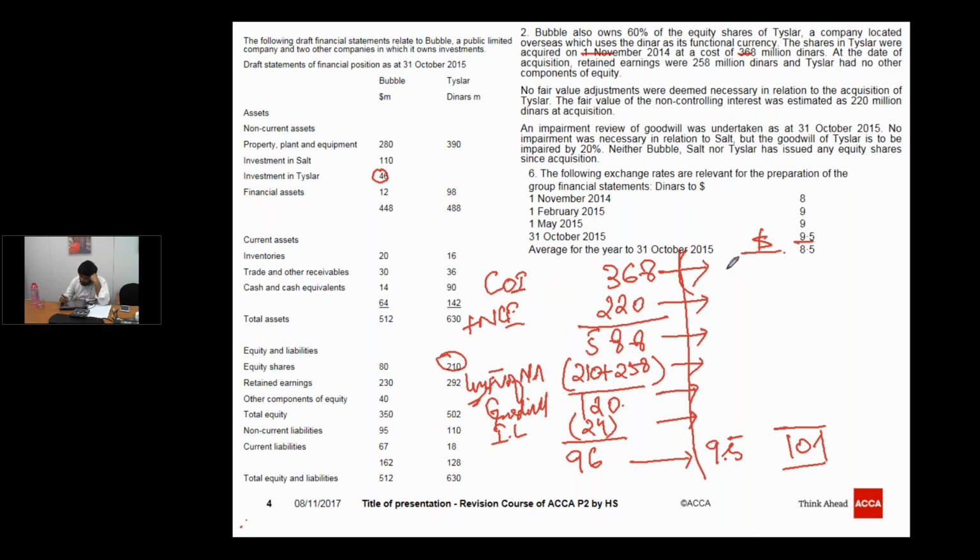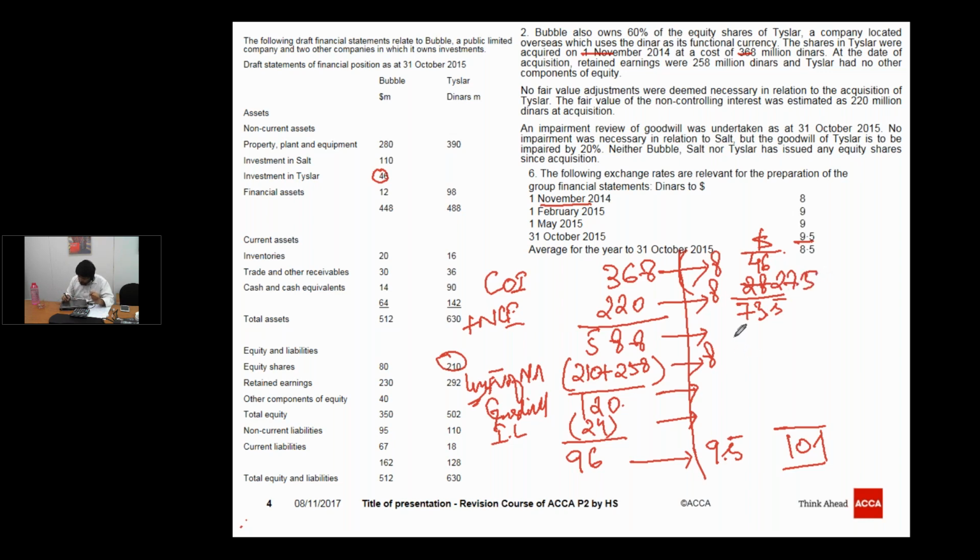Now, 368 is the value of the investment on 1st November. So we have to take the rate of 8 for this, then 8 for this, and 8 for this value as well. By dividing 368 by 8, in dollars it is 46 million. For NCI, the rate is 8, that is 27.5 exactly.